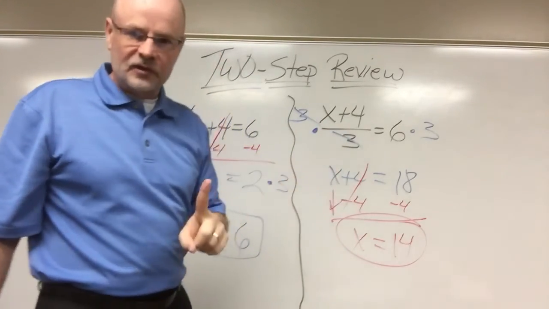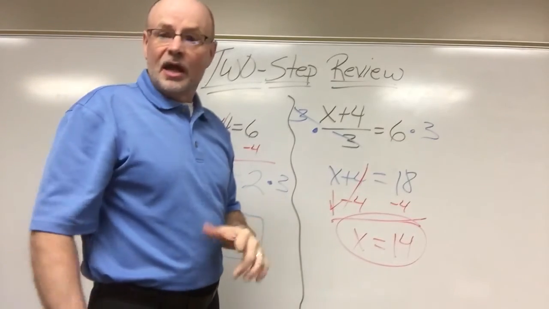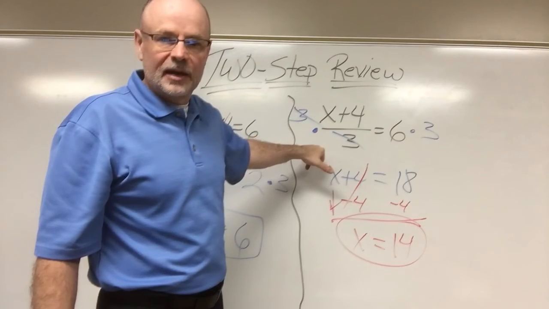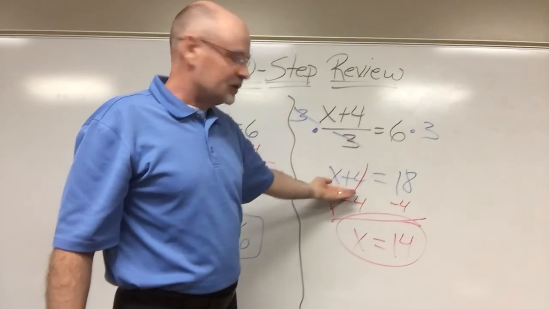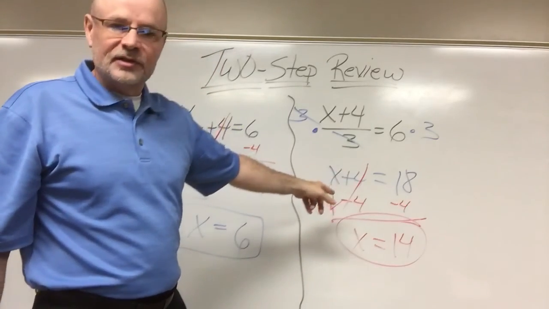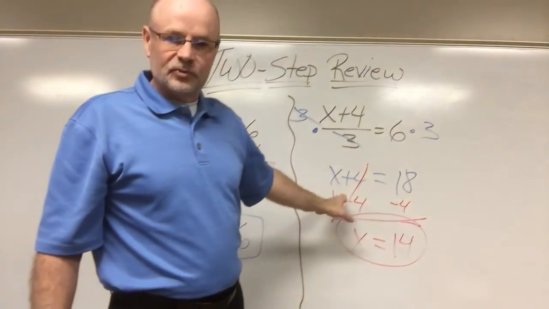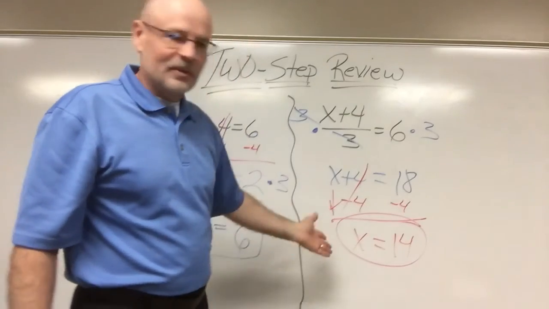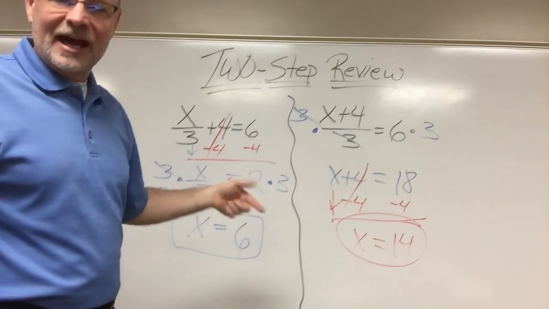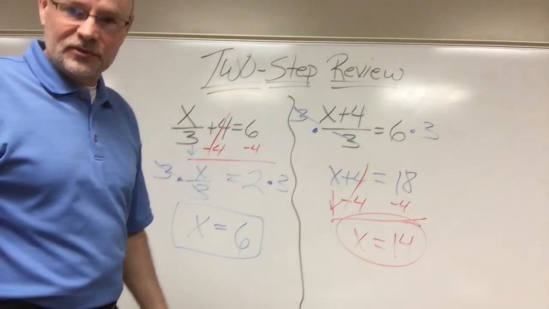So the very first step was to get rid of that division. And the way I did that was the inverse operation of multiplying both sides by the denominator. That allowed me to bring the numerator down by itself. And then I dealt with my addition and subtraction, did the inverse operation. I subtracted 4 from both sides and got my final answer. So here's an example of 2 different ways you may see division and how to deal with it when you're solving a 2-step equation.